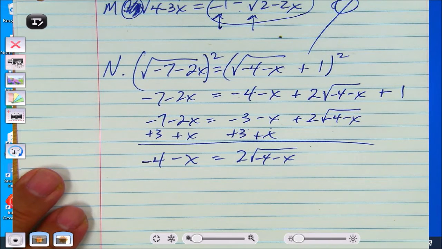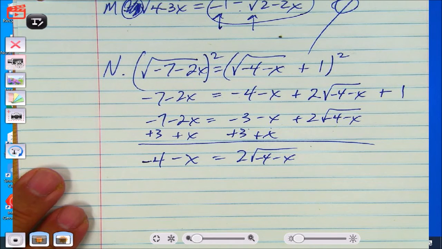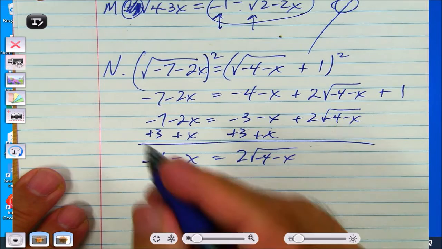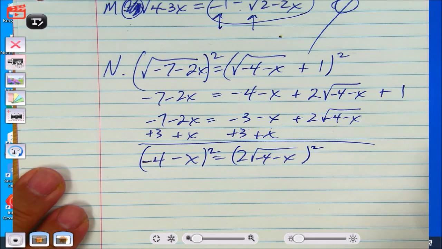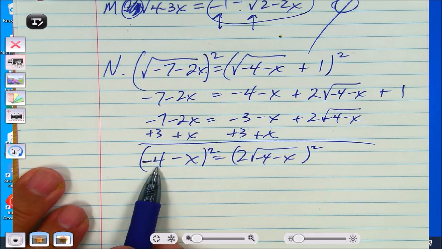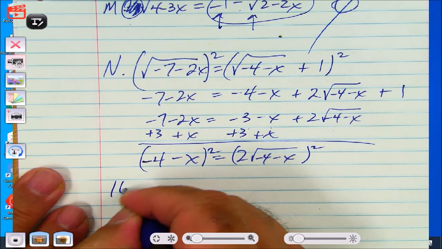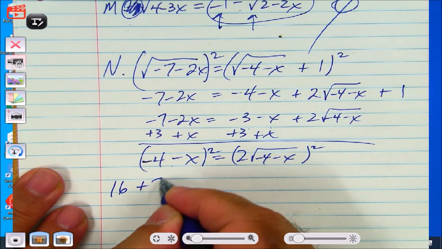Alright. Square both sides. So when I square both sides, that turns into positive 16, positive 8x.